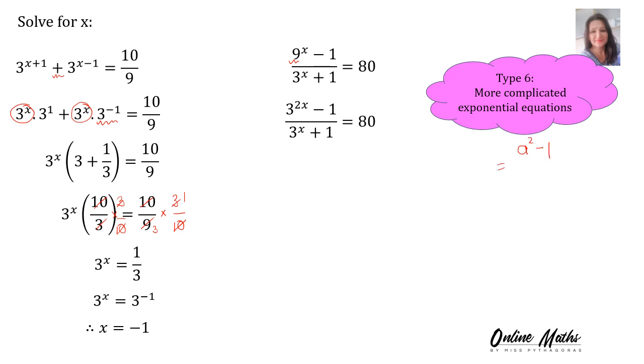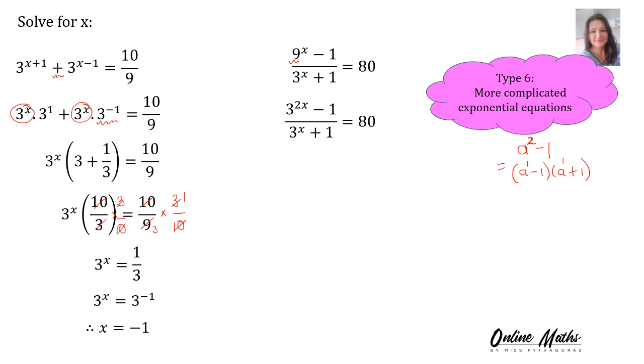When you factorize, it's the difference of two squares. And then you can write it as a minus 1 and a plus 1. And very important here is when the original sum was a squared, your brackets are a to the power of 1 minus 1 and a to the power of 1 plus 1.